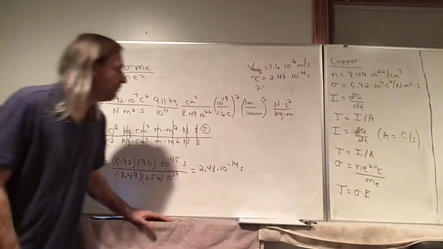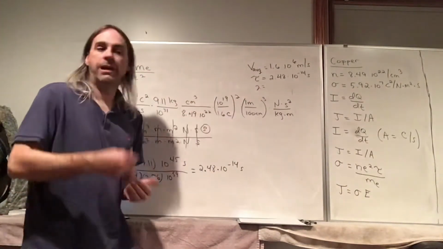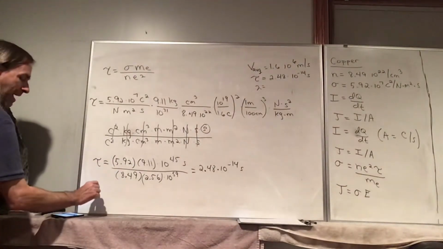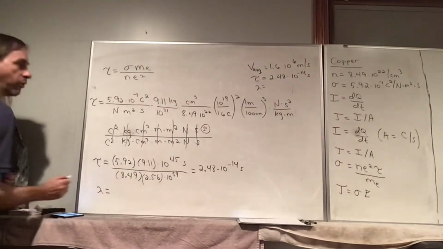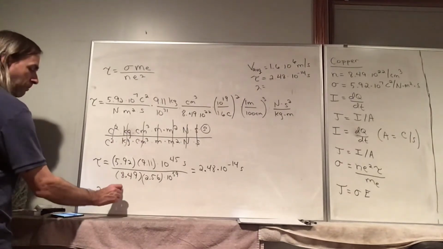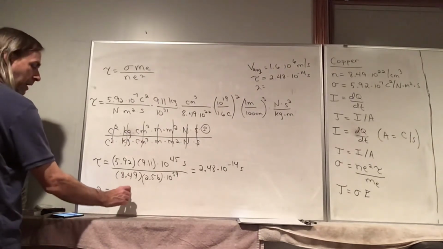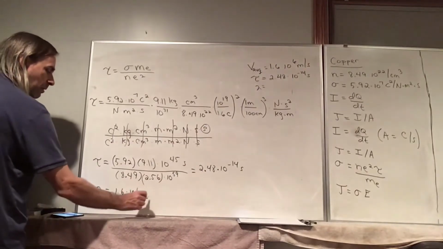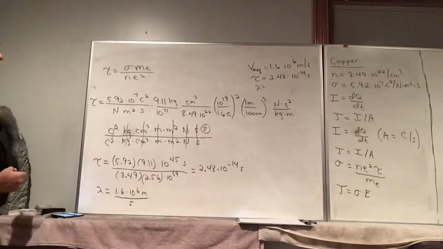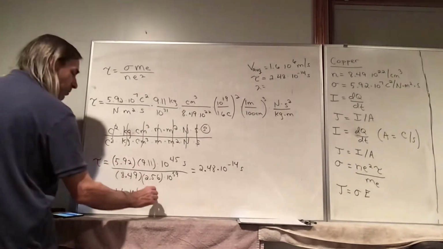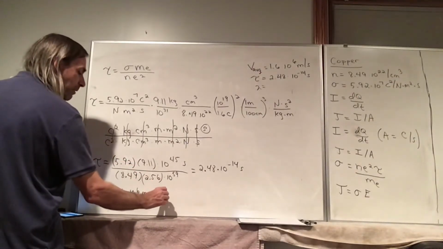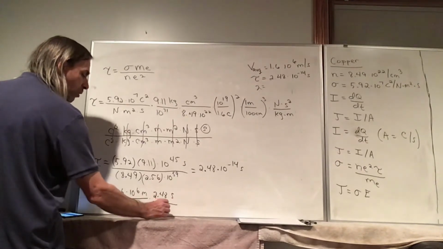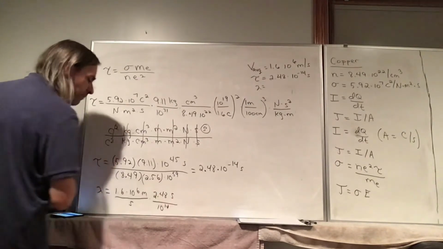Now what we want to do is find the mean path, like how far does it travel. So lambda would just be this average velocity, 1.6 times 10 to the 6 meters per second, times the average time, which is 2.48 times 10 to the minus 14 seconds.